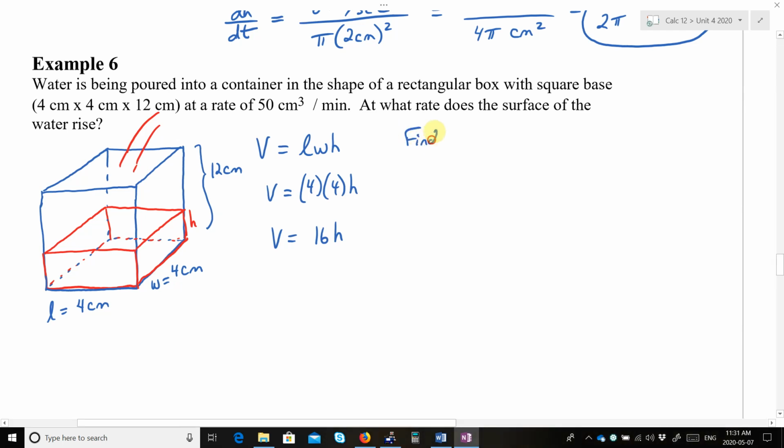And I guess really we should have done our find when given. At what rate does the surface of the water rise? So again, find the change in height with respect to time.